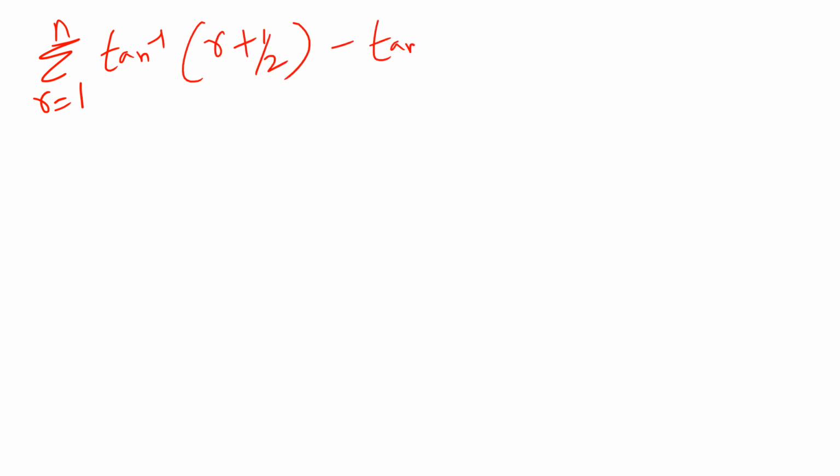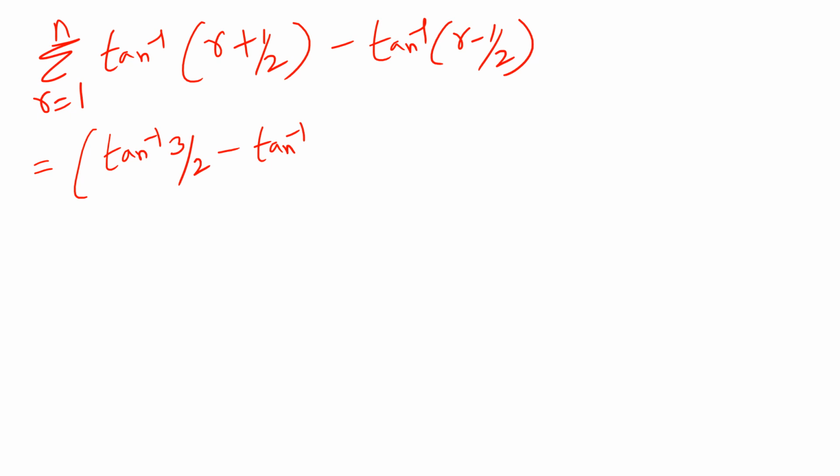Now students, the sum of the series till first n terms, that is summation r varying from 1 to n tan inverse r plus half minus tan inverse r minus half, becomes equal to, now the first term of the series becomes tan inverse 3 by 2 minus tan inverse half when we put r as 1.